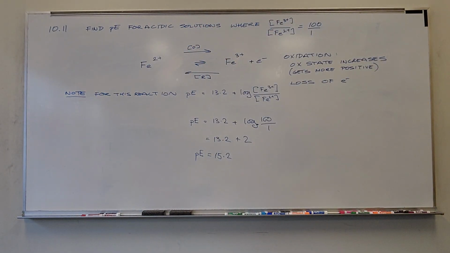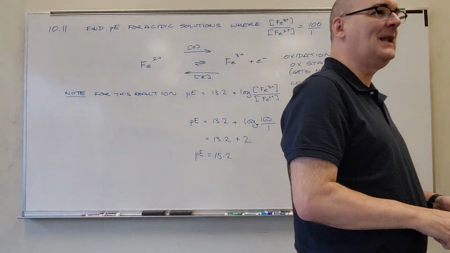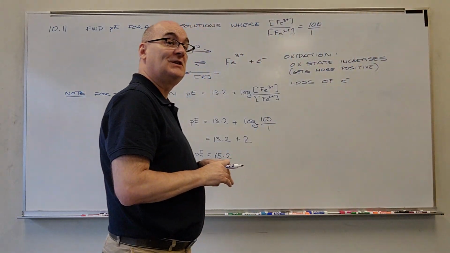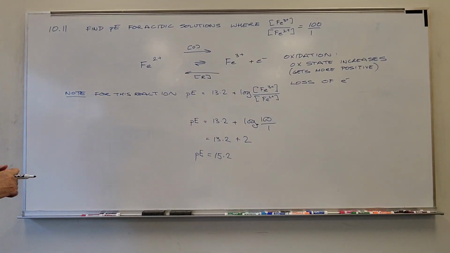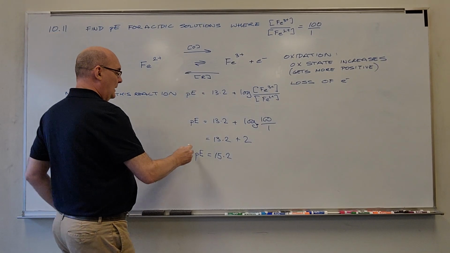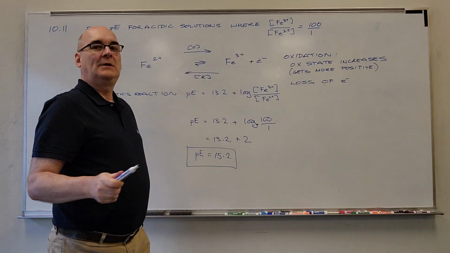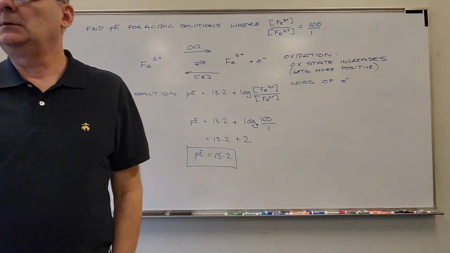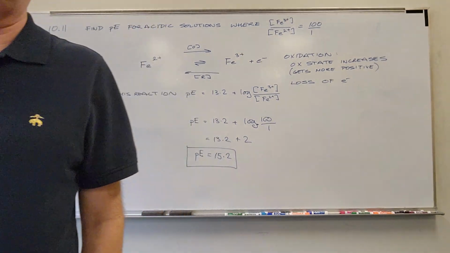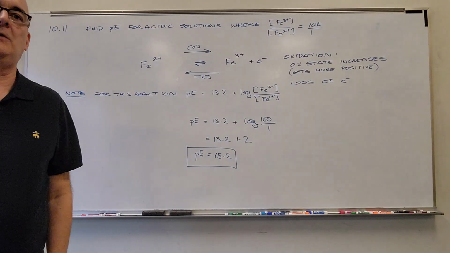Okay. Which honestly doesn't make a lot of sense to us because it's the first time we've seen this number have a value associated to it. We don't know, is that a big number, a small number, or whatever. But we do know that when the numbers are small, that's associated with reducing environments.